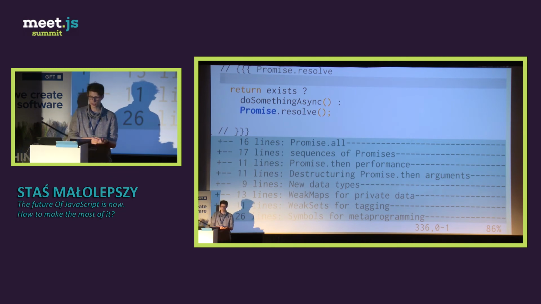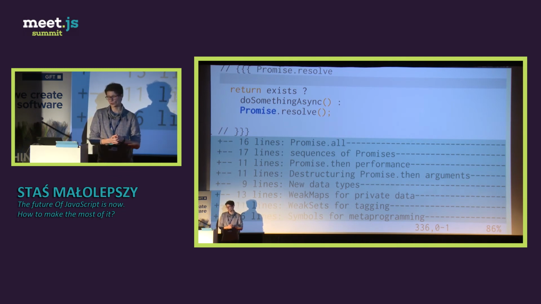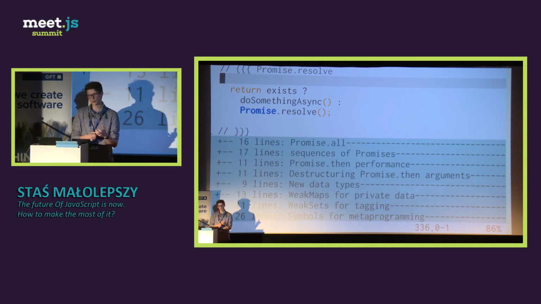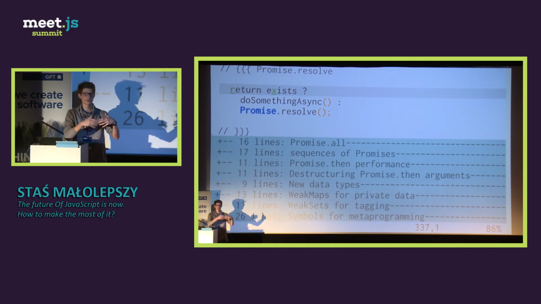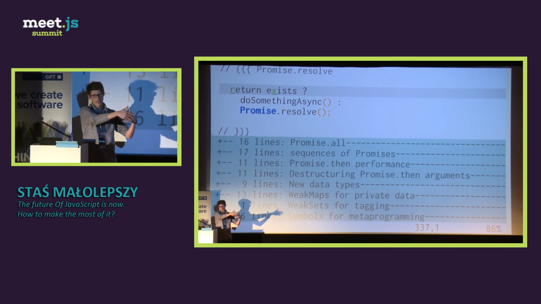You can use promise resolve as the unit function for promises. So every time there is a condition and you don't know if you're going to be returning something async or not, you can just use promise resolve to return an empty promise that will work great with the rest of your code that does then.